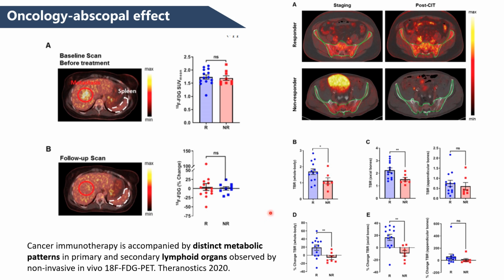By evaluating the metabolic patterns of the entire immune system before treatment, we think it is possible to predict the progression of the immune therapy. Some work has already attempted to monitor organs of interest such as the spleen or bone marrow, but it may not be enough.